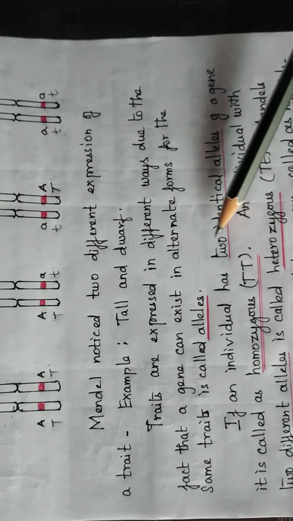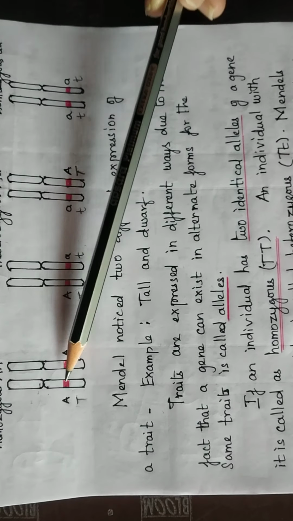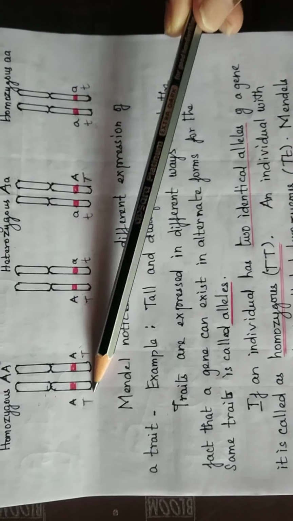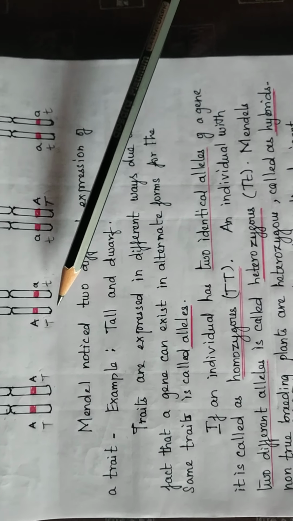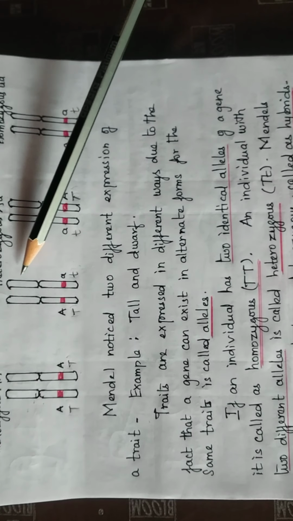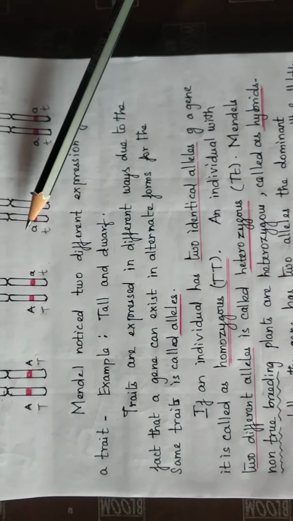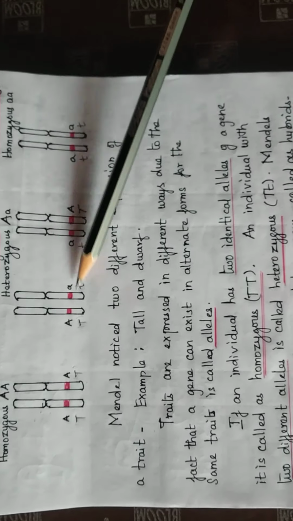If an individual has two identical alleles of a gene, as we can see here, it is called a homozygous condition, with capital letters. And an individual with two different alleles, capital T and small t, is called a heterozygous condition. Mendel's non-true breeding plants are heterozygous. This we call heterozygous.